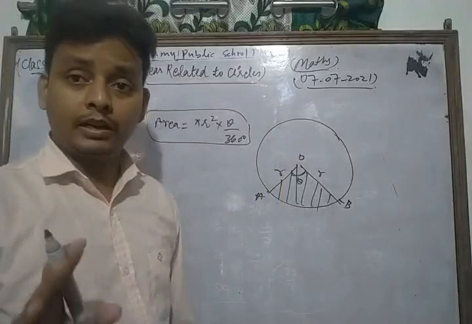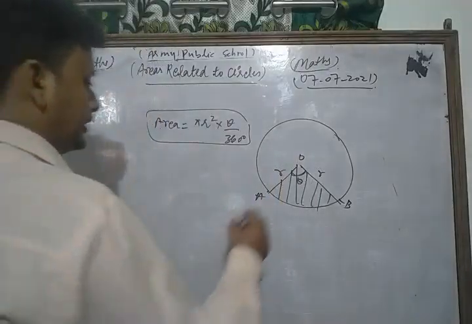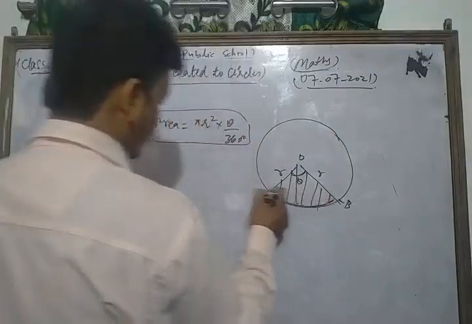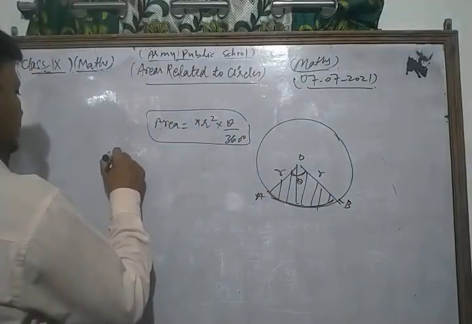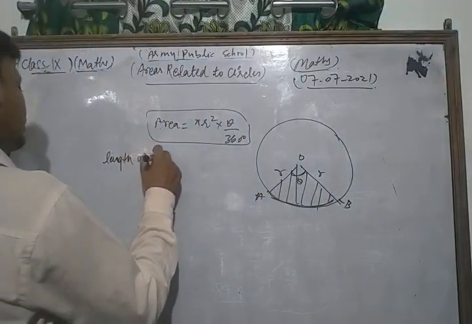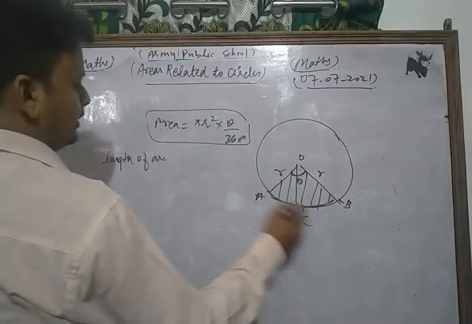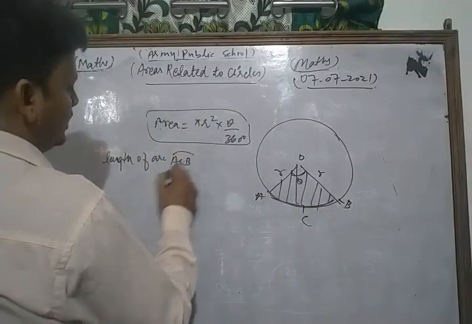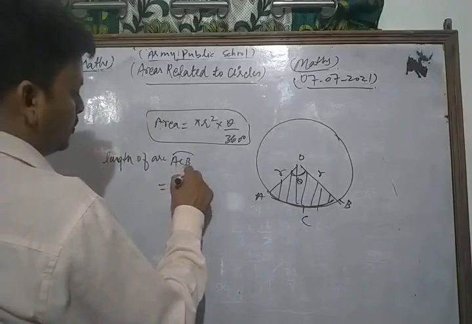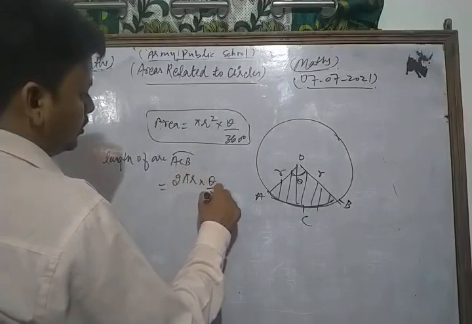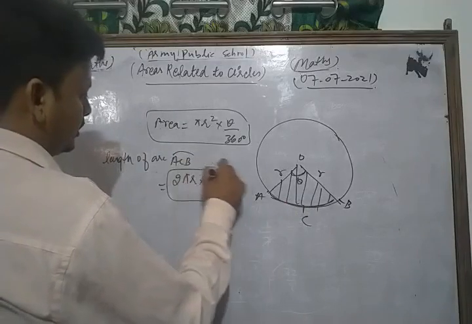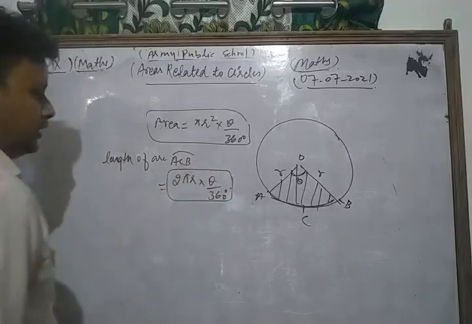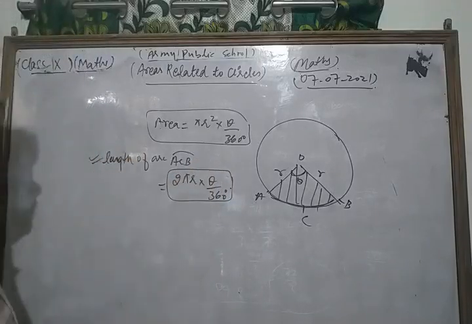You know that very well. And a very important formula is the length of arc. Taking the arc as ACB, its length is given by the formula 2 pi r into theta upon 360 degree. Every student, please note this down.